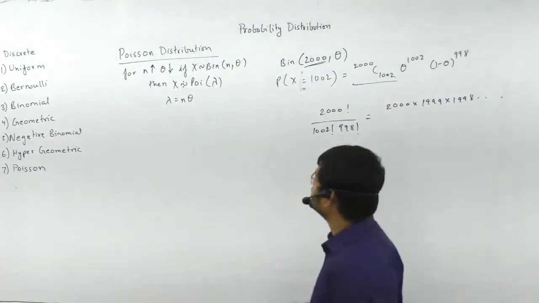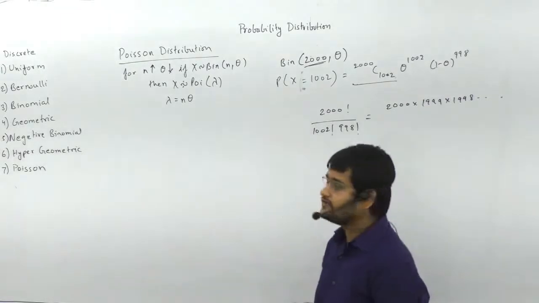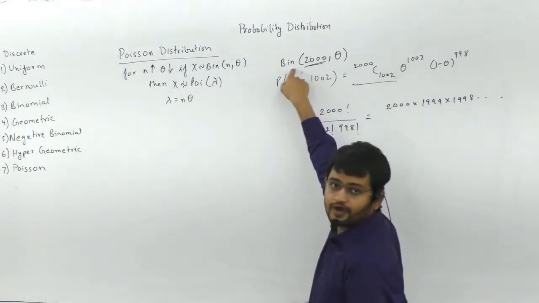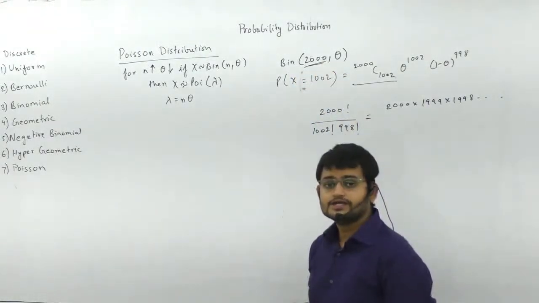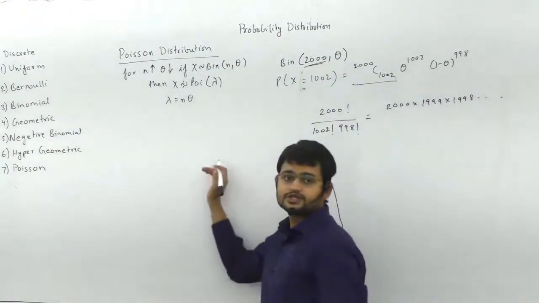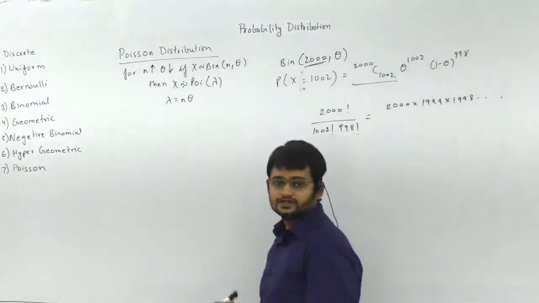Now, even though Poisson distribution was derived for the sake of finding probabilities of binomial distribution for large value of n, still Poisson distribution in itself is a distribution.